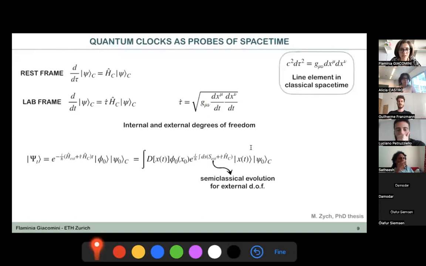And then there is another question: what are the sources of the external Hamiltonian? It depends on the physical situation. So for instance, we will typically have a kinetic term that is, if the particle is slow enough, p squared divided by 2m. And then we can have some external potential that can be, for instance, the gravitational potential, so the Newtonian potential, or also some other potential that we just put in the lab.